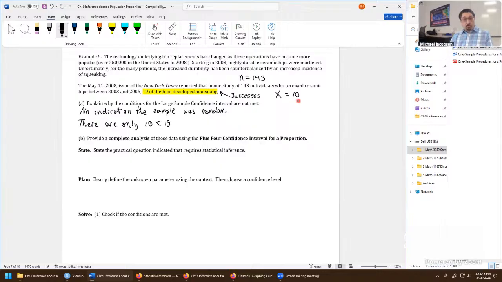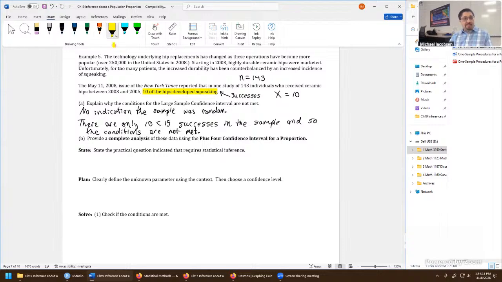That's our benchmark for passing the condition here. And so the conditions are not met.